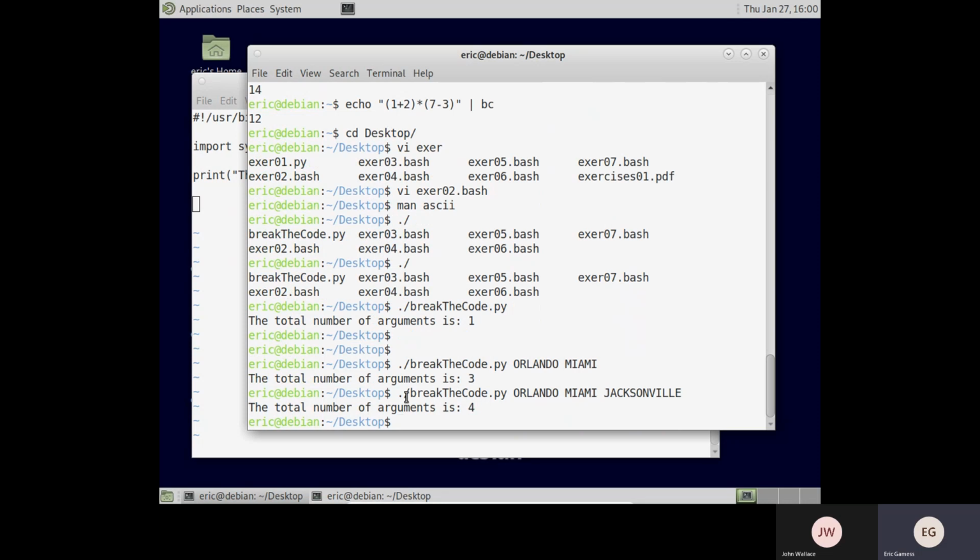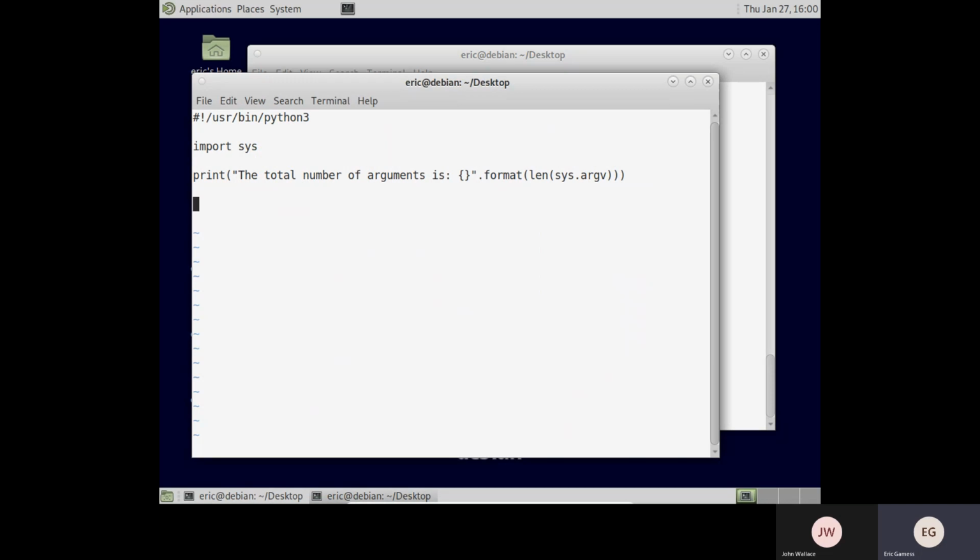Now I want to show this is argument sub 0, this is argument sub 1, sub 2, sub 3. What can I do? I can do a for, no? For i in range, I start at 0, I go up to the length of this array, sys.argv. And each time I pass, I'm going to print argument sub i is, and I'm going to show it.